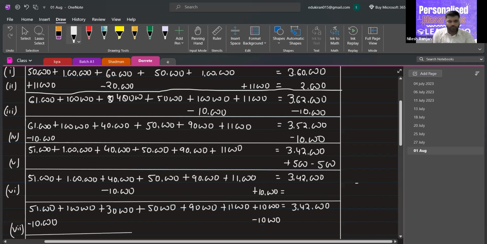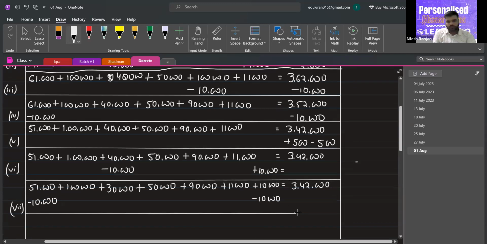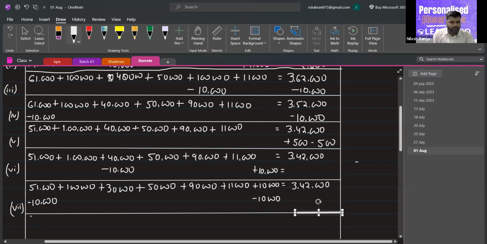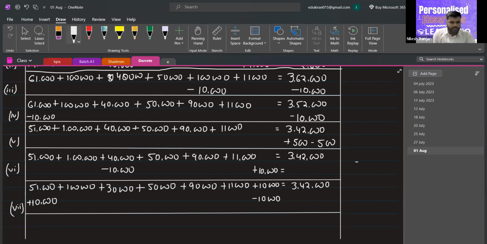In the cash account it is plus 10,000, because we have received this amount.